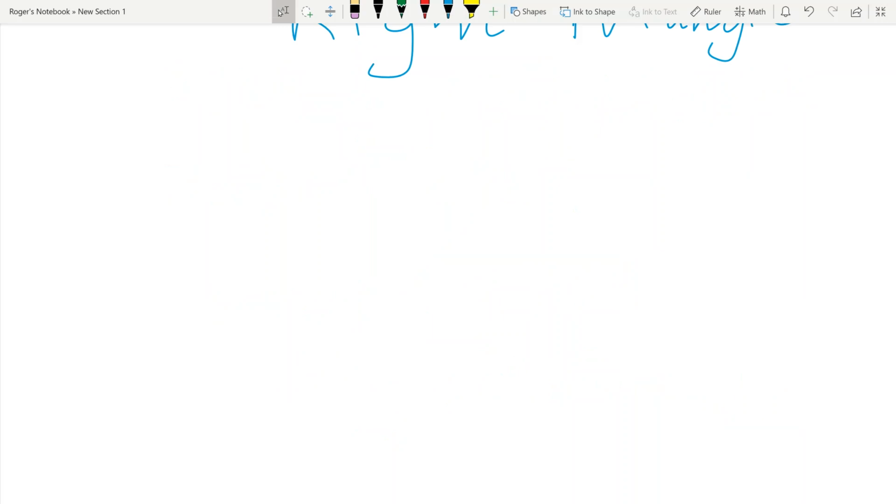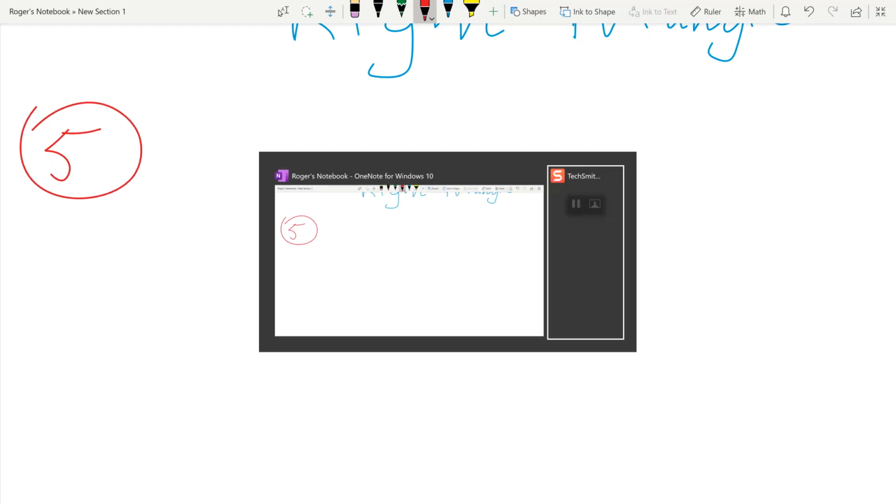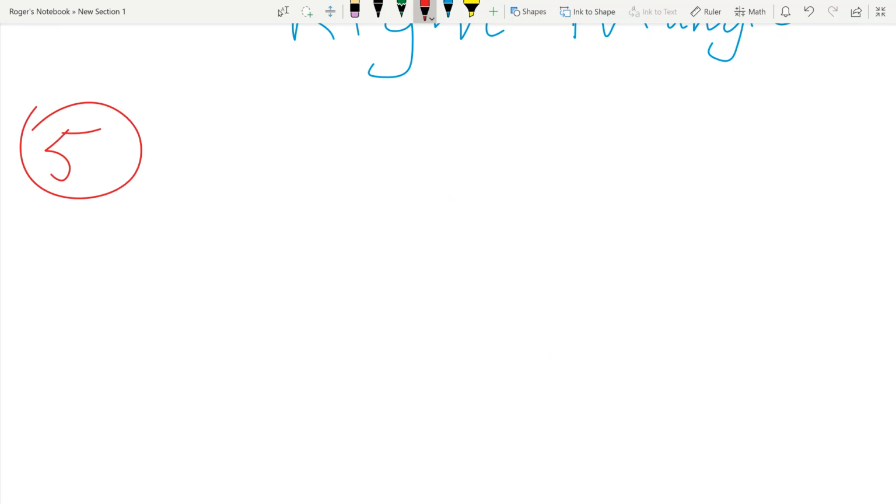Okay, moving on now, we will do another example, example number 5. In example 5, we have a square. And let me see what I can draw here. A square, hopefully I don't get it messed up.